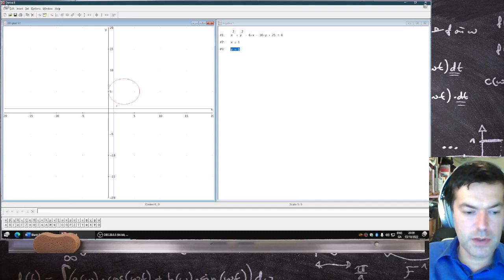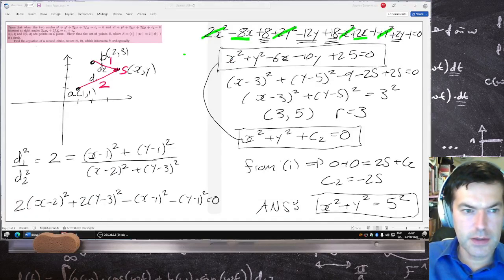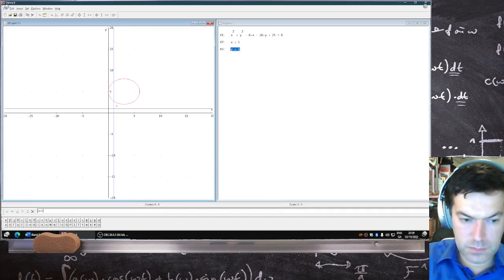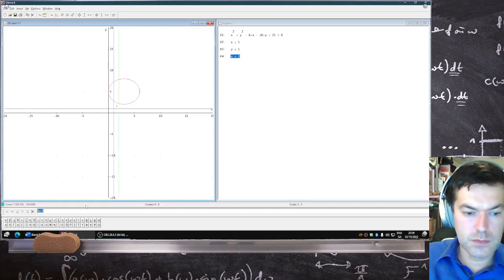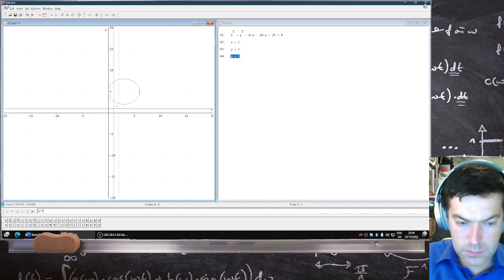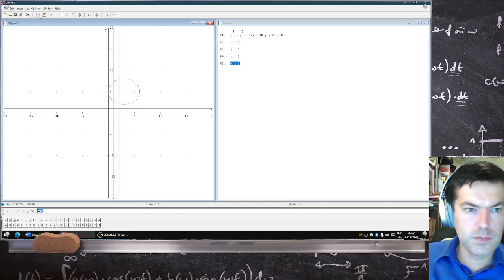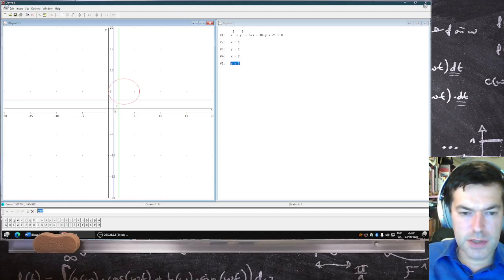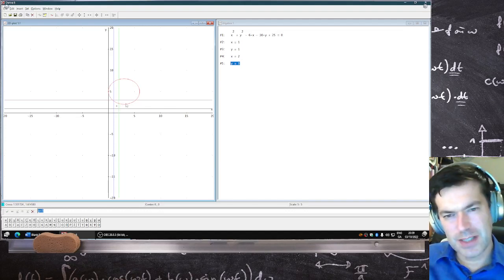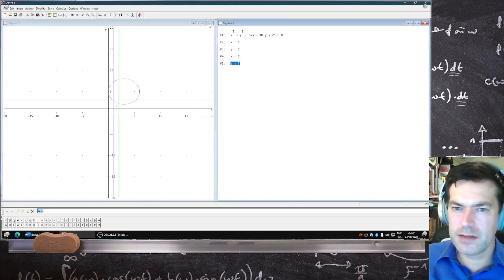Okay, there's (1, 1). And then what's the other point? (2, 3). So the distance between (1, 1) and the circle and (2, 3) doesn't quite look right, does it?